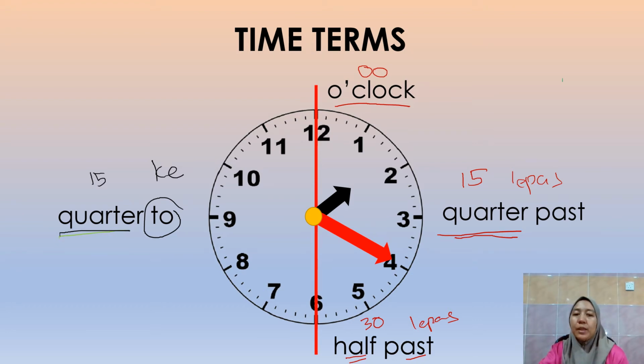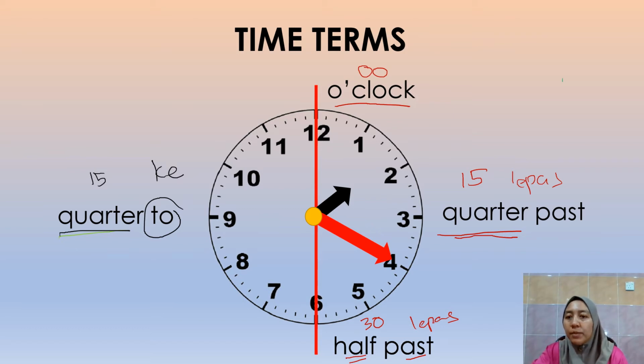Itu paling penting. And then yang kedua kena ingat to and past. To maksud dia ke, and then past tu dah lepas lah. O'clock means kosong lah. Dan half past, half, ingat half 30, past tu lepas.